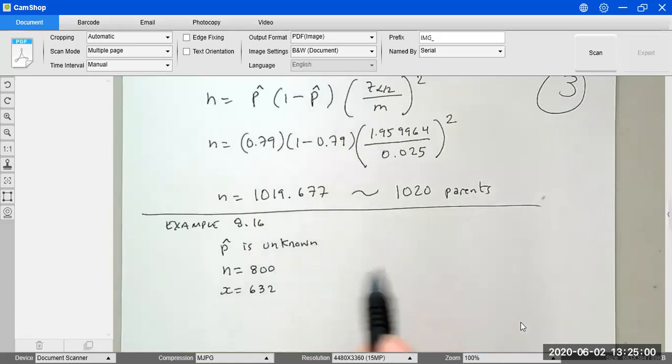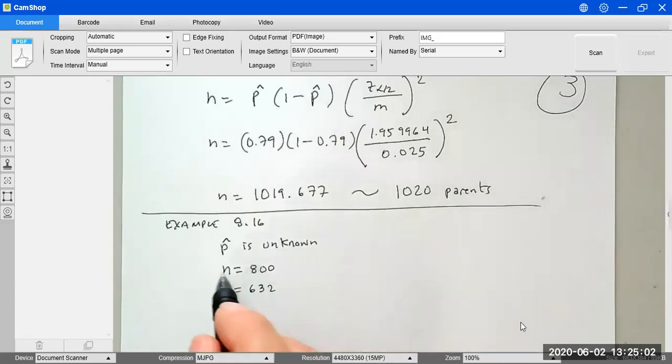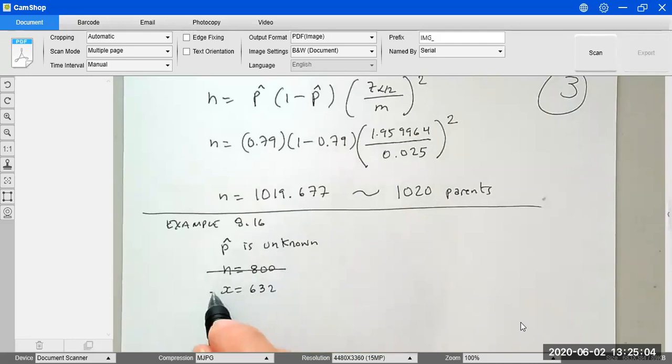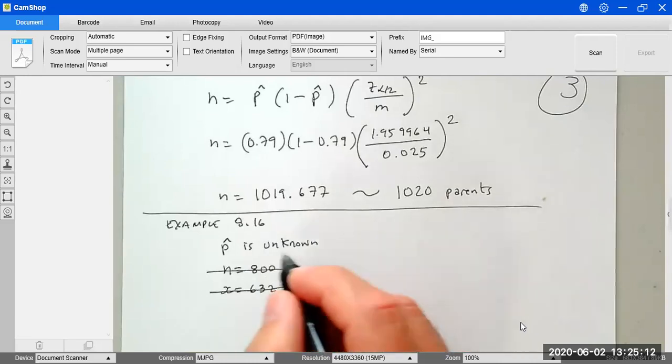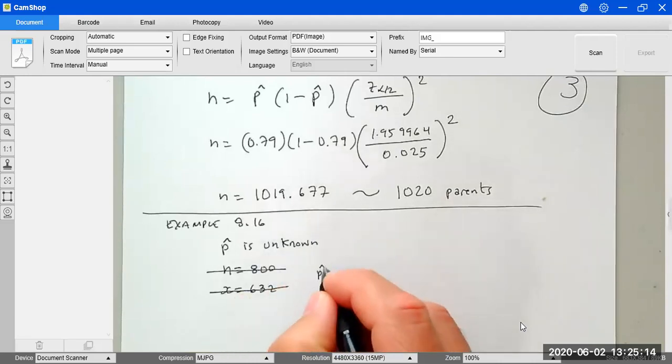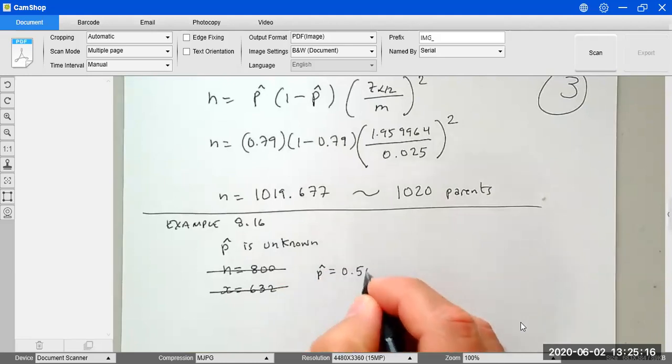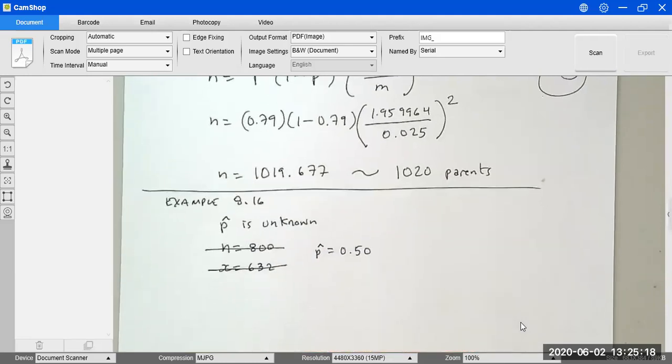This is the information that we had for a previous problem. In this case, this information doesn't work for us because this is for music education and we are working on a problem on physical education. So since we don't have a value for p hat, we're going to set p hat equals 0.50, and the rest is going to be the same.